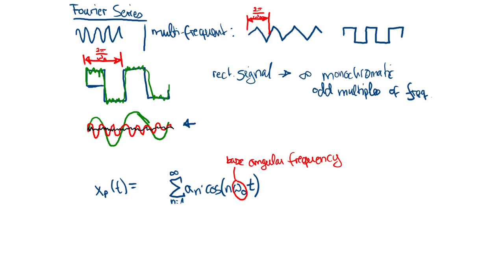Yeah, right. So this is the base angular frequency here in this formula, and the indefinite numbers of monochromatic signals which superimpose are not just of some random frequency. They are of multiples of the base angular frequency. This is why n is here in front of the base angular frequency, and n is actually our counting index.